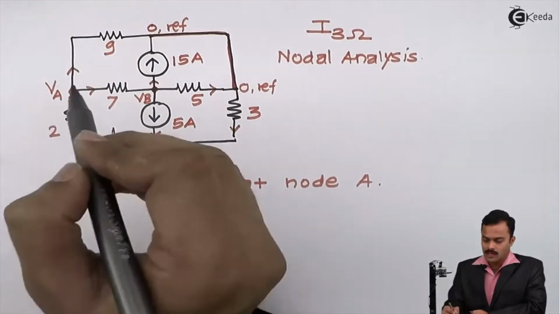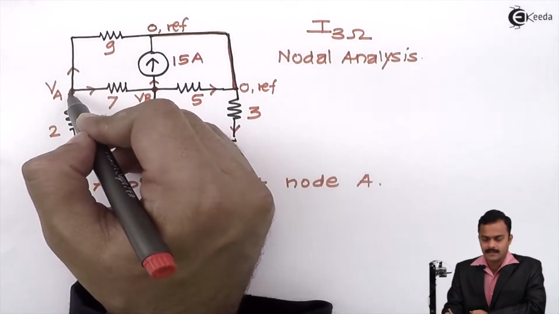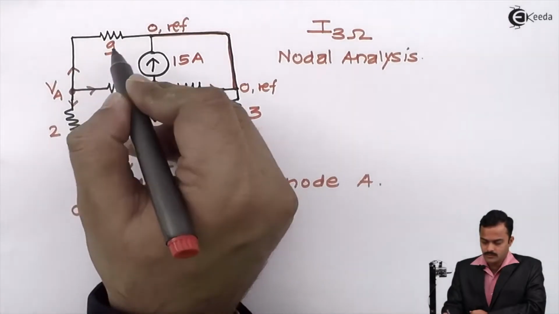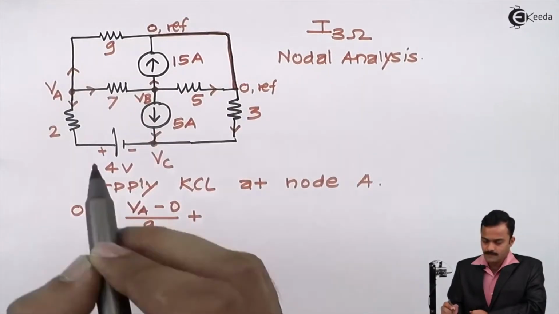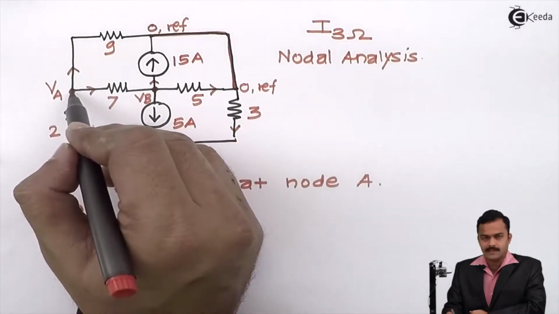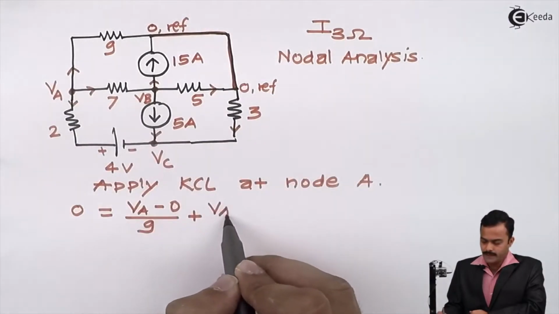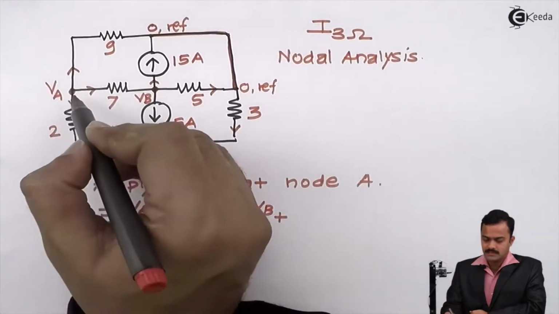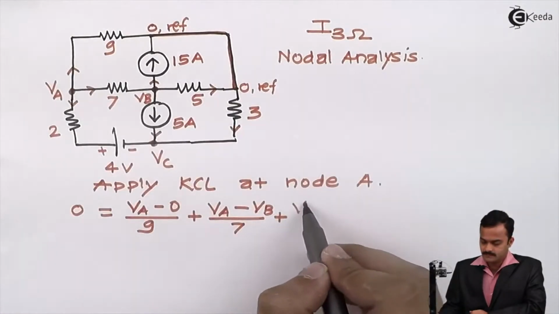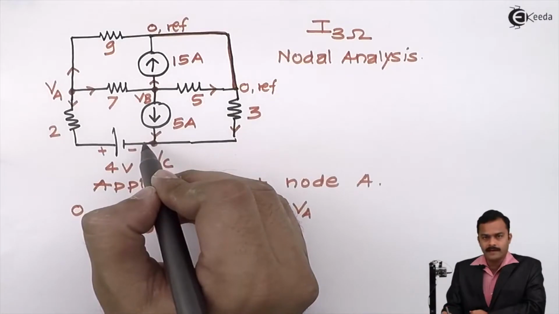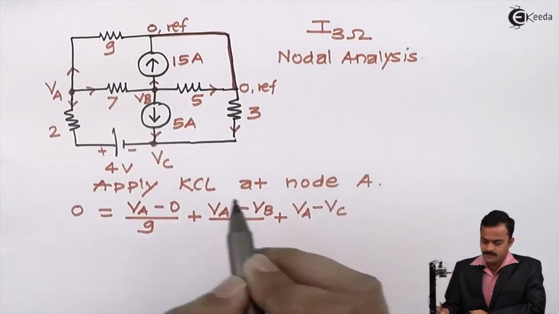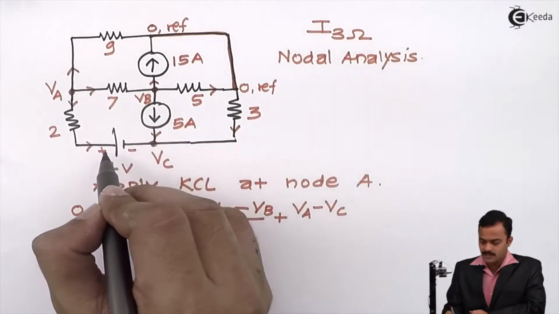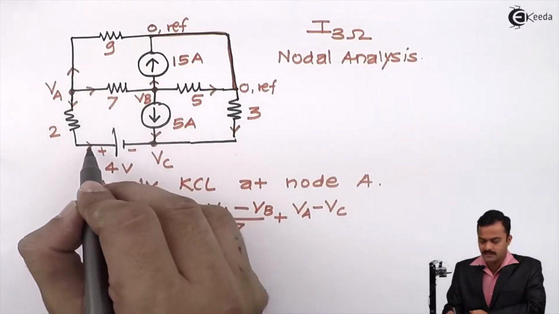So 0 equal to outgoing current for this 9 ohm started at A ending on reference, so VA minus 0 divided by 9, plus for the 7 ohm started at A ending on B, so VA minus VB divided by 7, plus this current started at A ending on C. In the direction of current that I have assumed, I have a voltage drop whose polarity is changing from plus to minus in the direction of current.